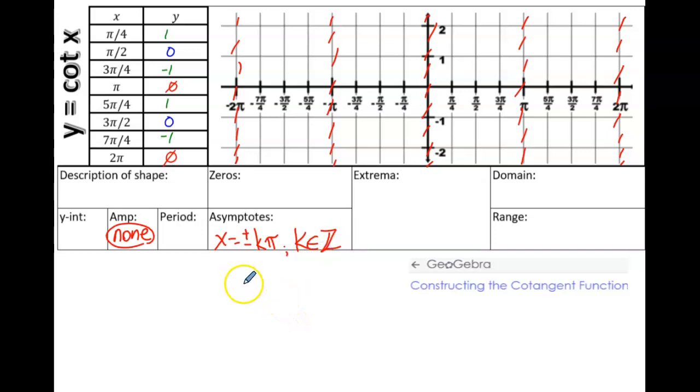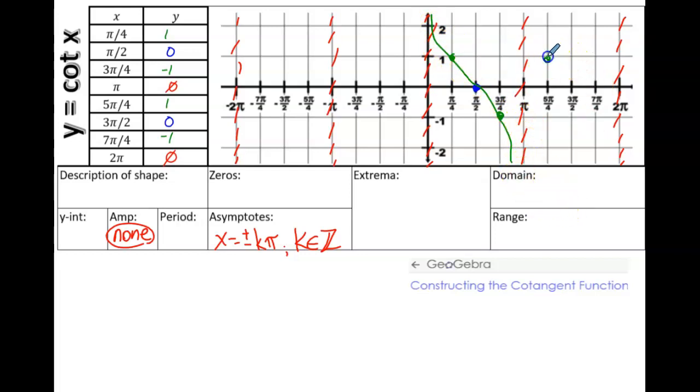Okay, then at pi over 4, we have a point at 1. At pi over 2, we have a point at 0. Then at 3 pi over 4, we're down here at -1. And so we can see that this curve comes wiggling through those guide points and along those asymptotes.